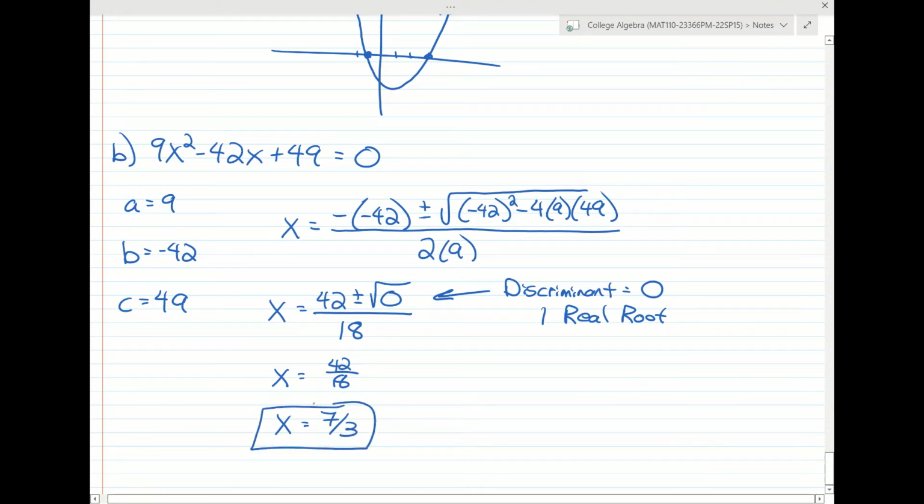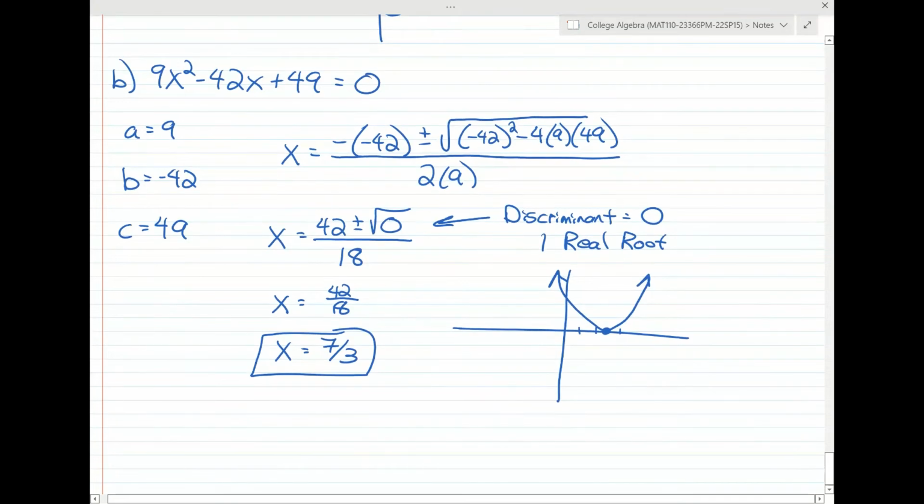So that is the one real answer. And this graph will look something like this. 7/3 is 2 1/3, which is maybe over here. And the graph is going to look roughly like this. It'll have one real root.